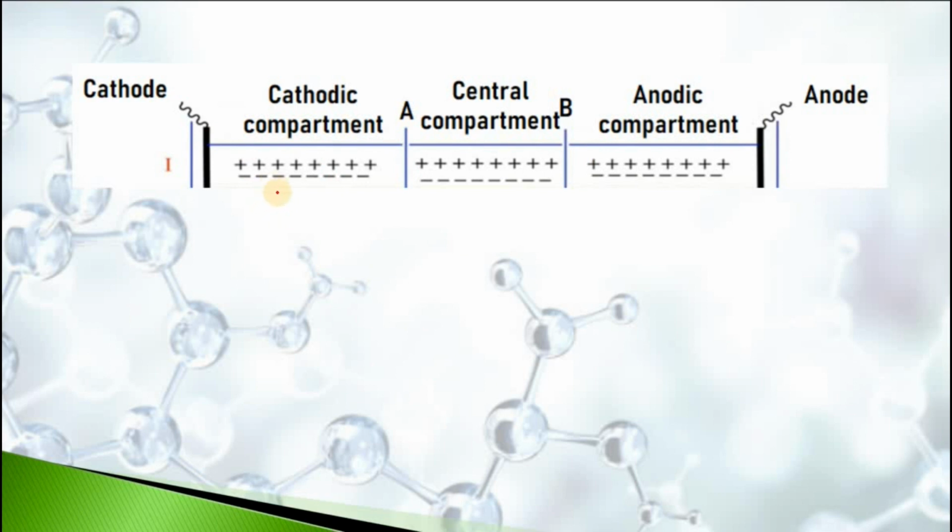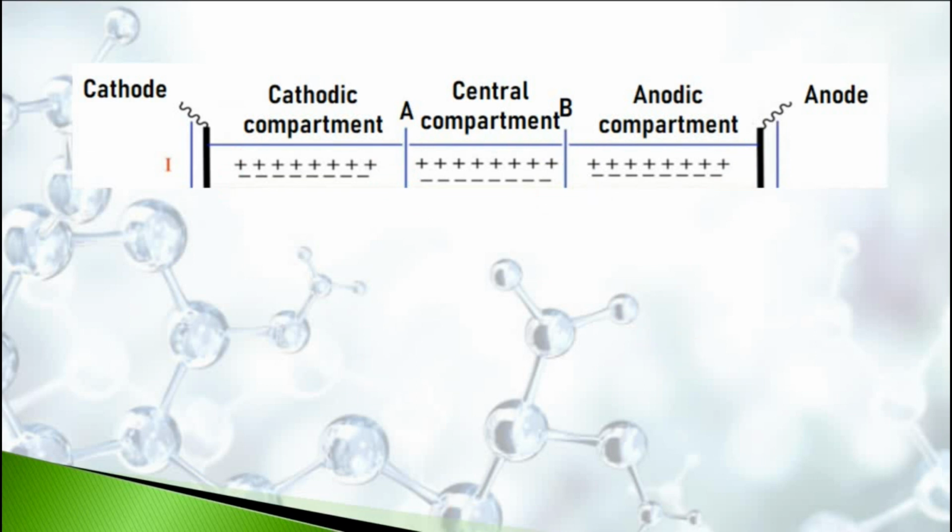Also in this picture, before electrolysis, 8 pairs of cations and anions are present in all three compartments. Here you can see the cathodic compartment has 8 pairs of cations and anions. Similarly, the central compartment and anodic compartment also have 8 pairs of ions.